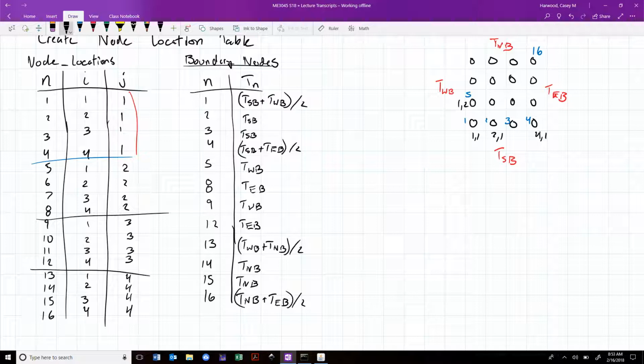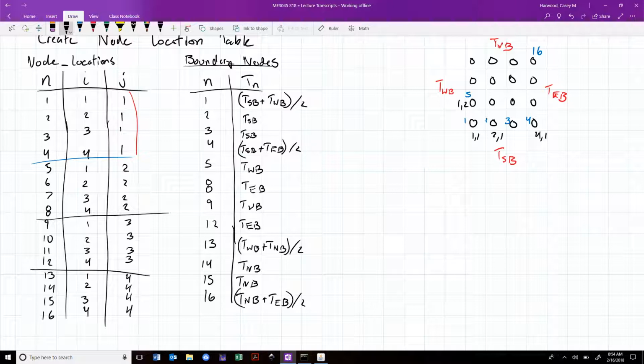Same for j: south boundary, north boundary. Then once that table is made, go back through and use another for loop and say, if i and j are equal to 1, then combine. That way you only have to make 4 sort of tweaks to your matrix. The idea here is to make it flexible because you're going to have to do this for a bunch of different values of nx and ny in the homework.